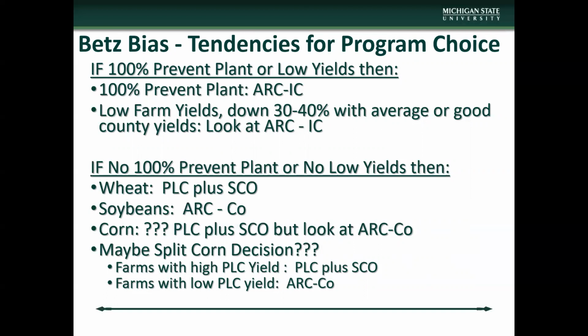If you experienced for a given farm number 100% prevent plant, or you weren't 100% prevent plant, but you had catastrophically low yields, so yields that were down 30 to 40%, but you were based in a county that had pretty good or generally average yields for a given commodity, you might want to consider the ARC IC plan.